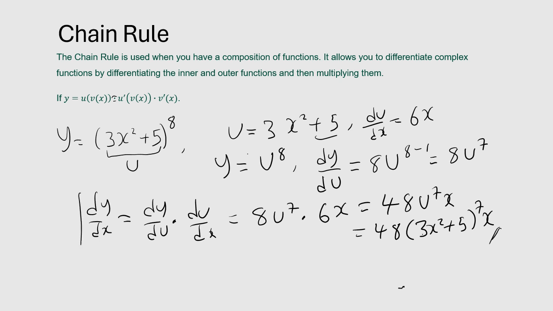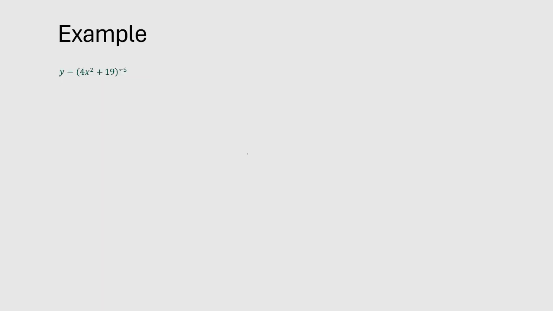So now we have the formula for the chain rule: dy over dx is equal to dy over du times du over dx, where u is the inner function. In this example, we have y equal to (4x squared plus 19) power minus 5. For this case, we let our u be the inner function, which is 4x squared plus 19.